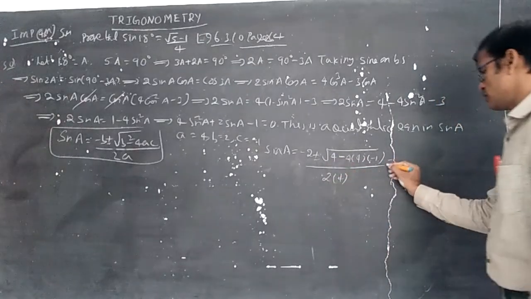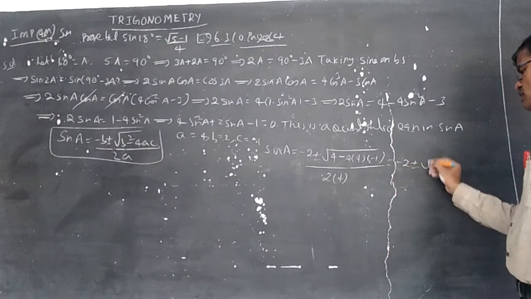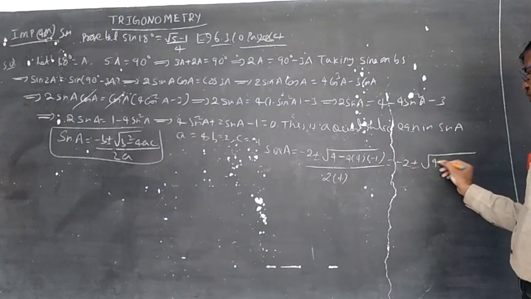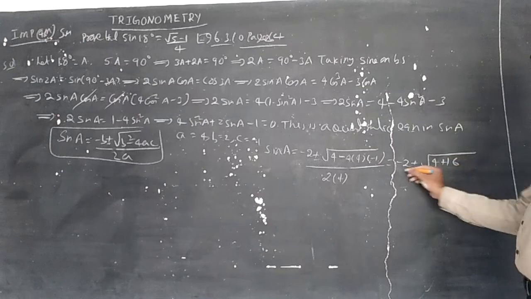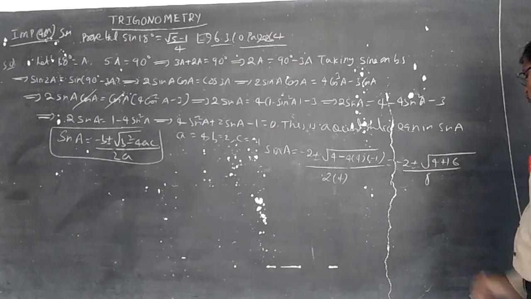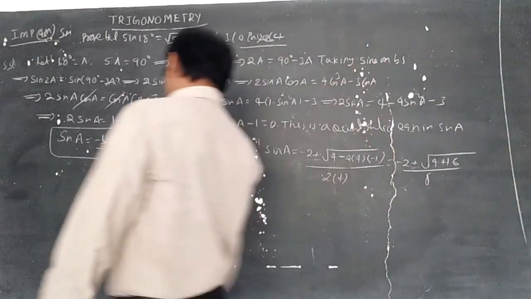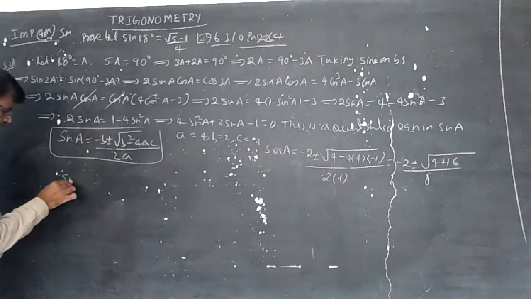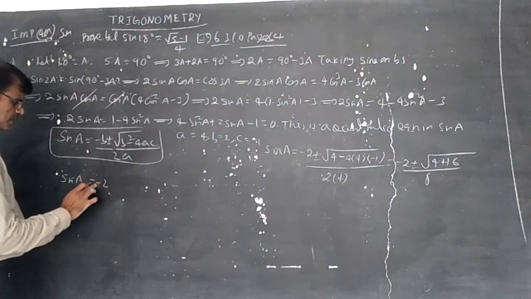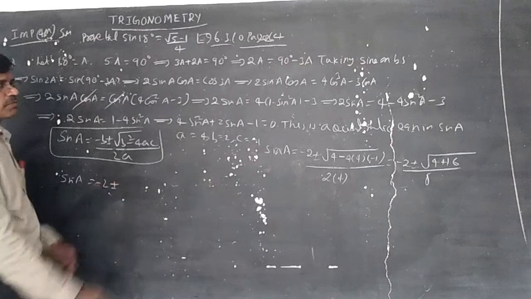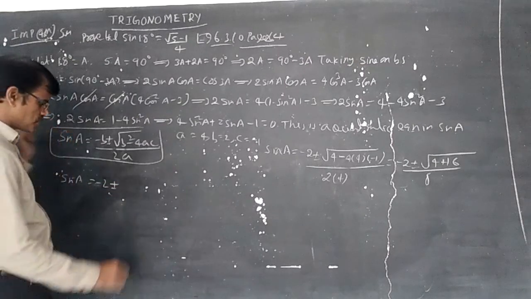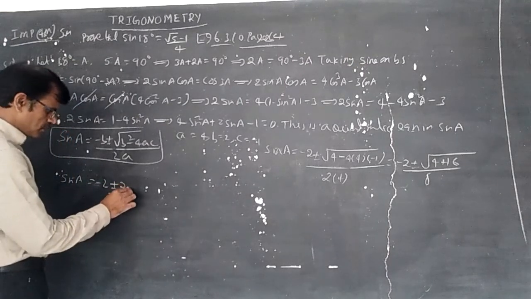So that is equal to minus 2 plus or minus root of 4 plus 16 whole by 8. So sin a is equal to minus 2 plus or minus root of 4 plus 16, which becomes 20.